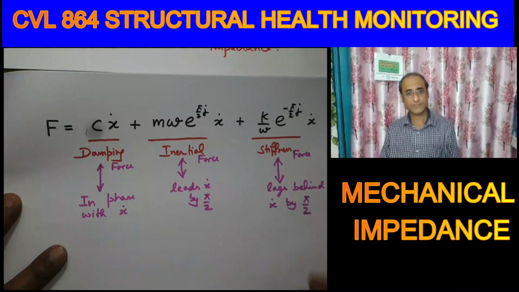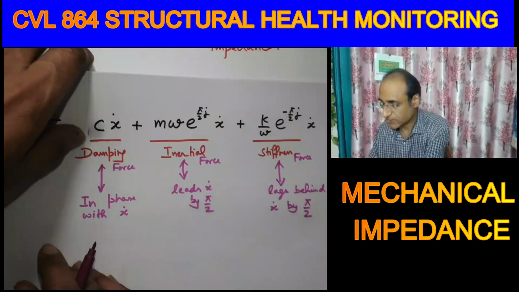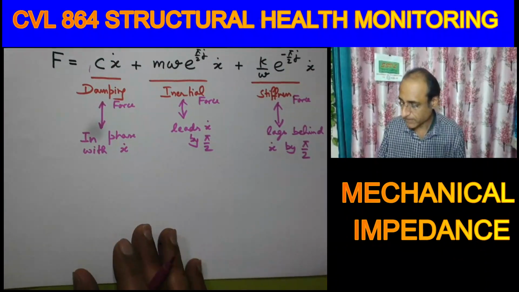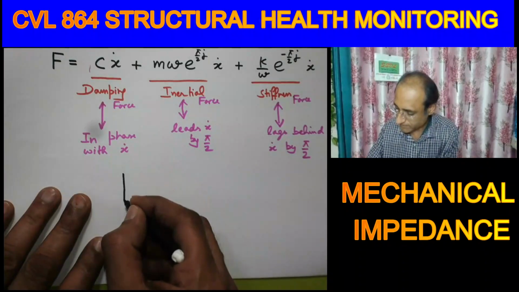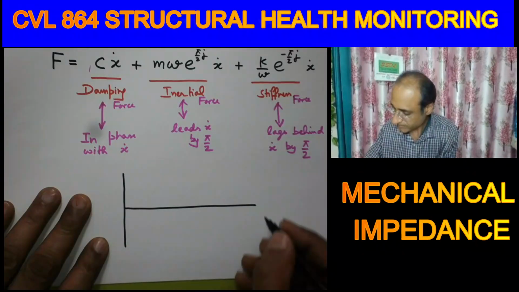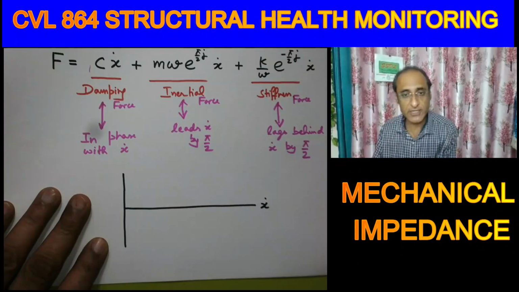Alright. So we can have a perfect phasor solution for this. Just like we have phasor diagrams, we can always draw the phasor diagram here. If we have the velocity on this plane, then the damping force is in phase with the velocity.